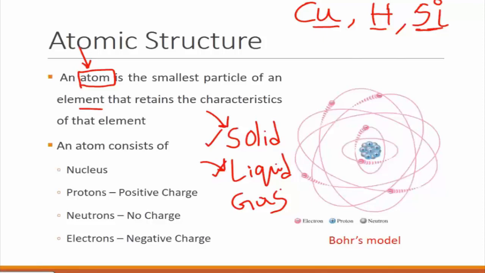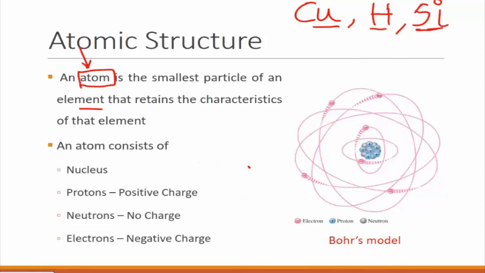But what does an atom consist of? There are various parts to an atom. What you can see here is Bohr's atomic model. Bohr is a scientist who proposed that this is what the structure of an atom looks like. As you can see, there are various parts in an atom. The negatively charged particle is the electron of that atom.